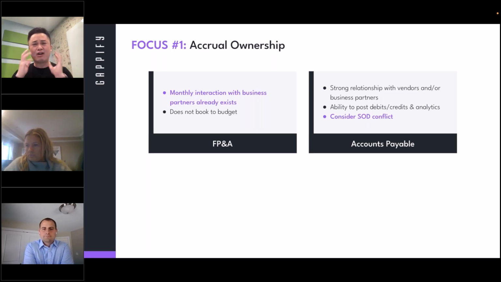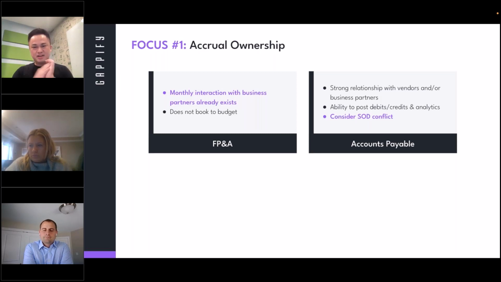So if they're already engaging regularly with them because they're asking a lot of invoice questions, maybe the pricing or invoicing model varies, and AP is required to be more involved in the exchange of the invoice, this works out well because the name of the game is to get information very quickly and timely during a month-end close. So if AP is already engaged with your vendors, why not have them support the accrual process?